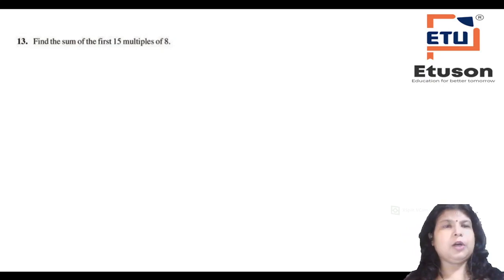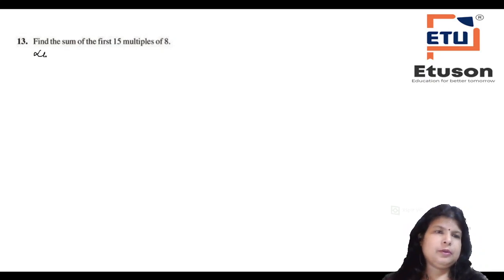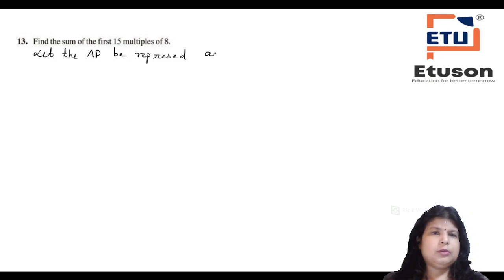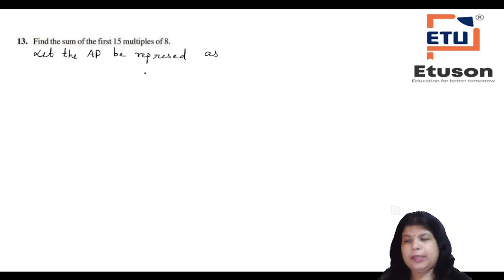Find the sum of the first 15 multiples of 8. Again, similar type. Let the AP be represented as follows. What is the first multiple of 8? It is 8.